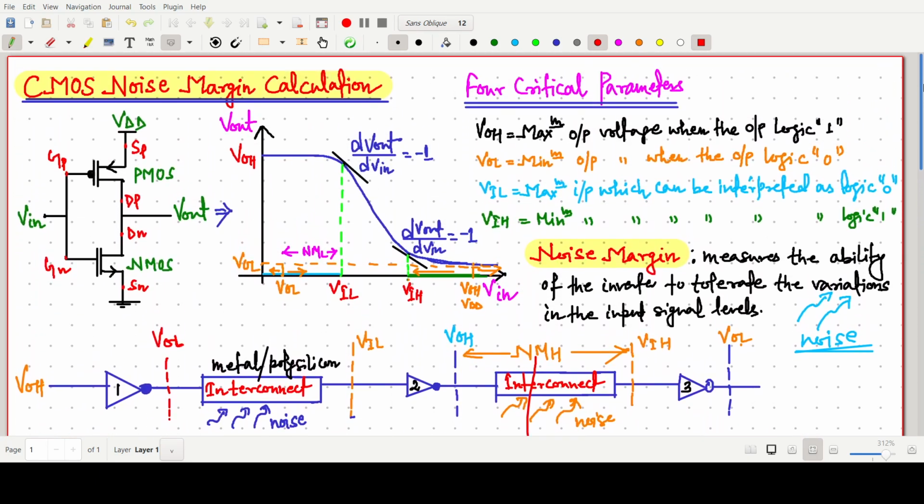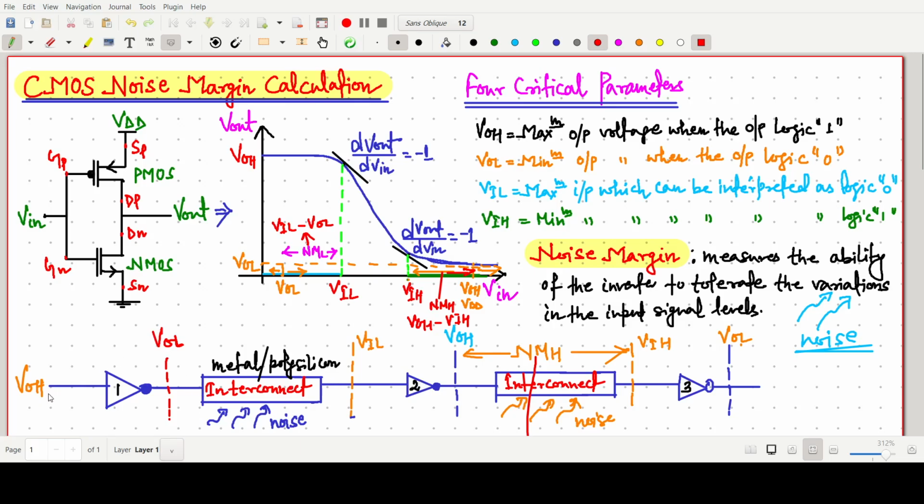So you can also say this one is your NML, that is VIL minus VOL, and this range is NMH, VOH minus VIH. Through this diagram, we can illustrate the concept of noise margin.